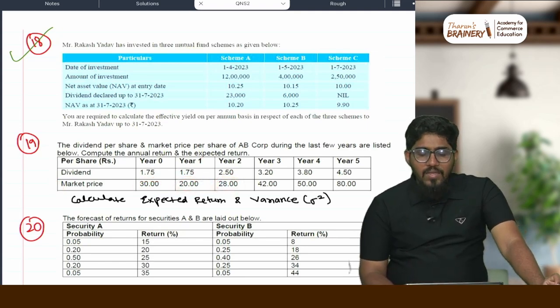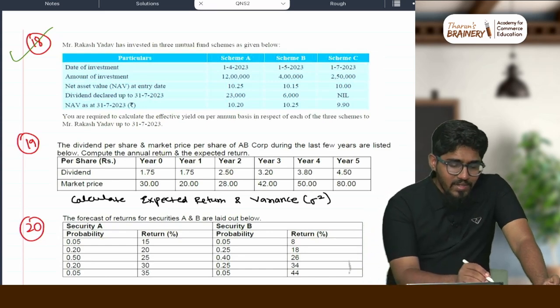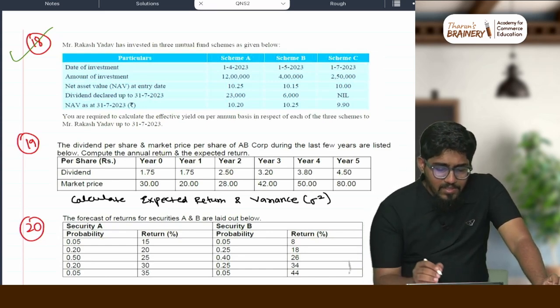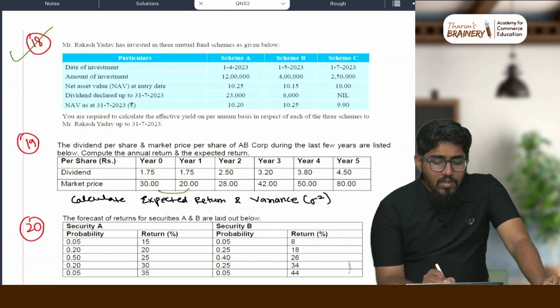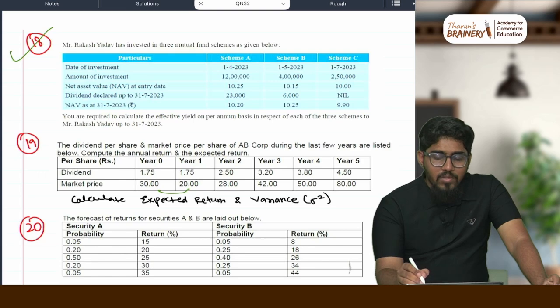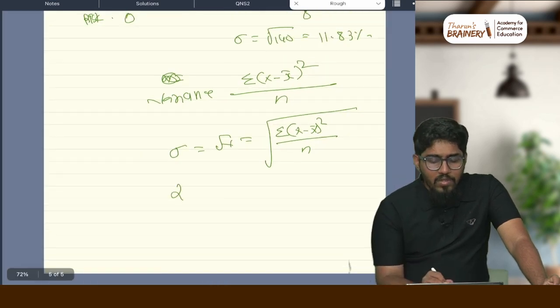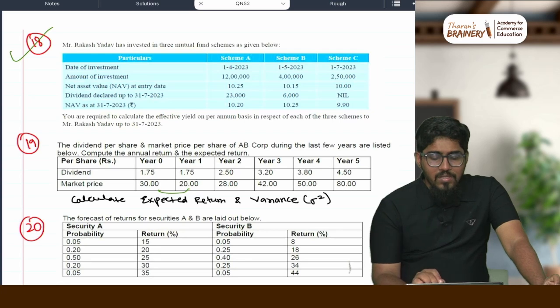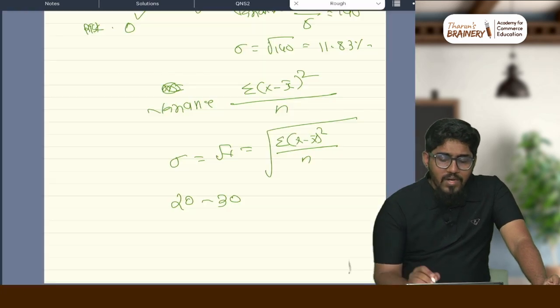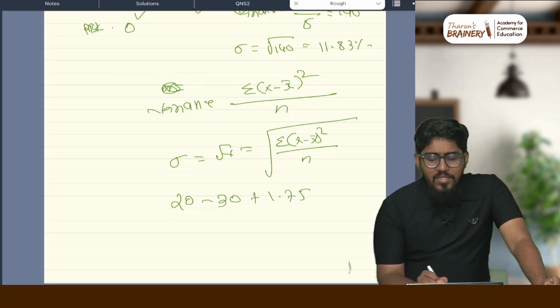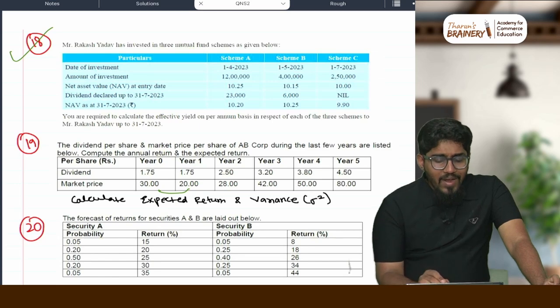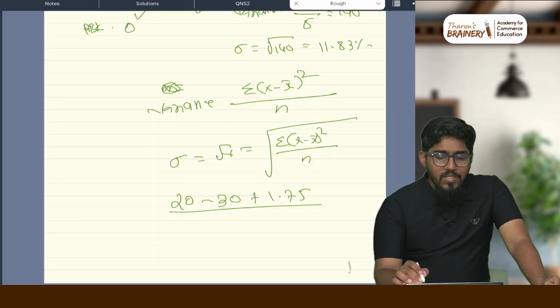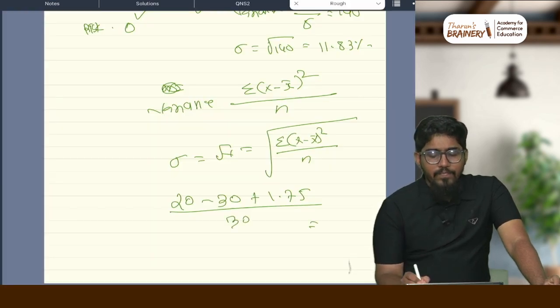This much clarity you are having. So what is my year 1 return, sir? First, what is the capital appreciation? 30 is becoming 20, so there is a reduction. Correct. So closing minus opening: 20 minus 30, plus what is the dividend I received, plus 1.75, divided by my opening market price, which is 30.